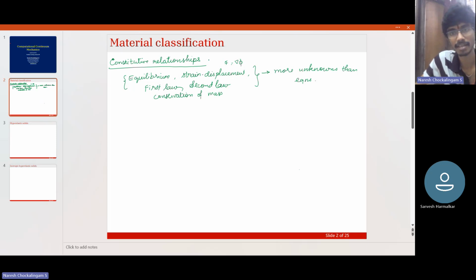These are not really enough to solve for all the unknowns. We had more unknowns than equations, and these are to be satisfied by any material on Earth. So there is nothing specific to material properties here. Therefore, we need certain additional conditions for closure of the system, and this closure is brought about by constitutive equations.